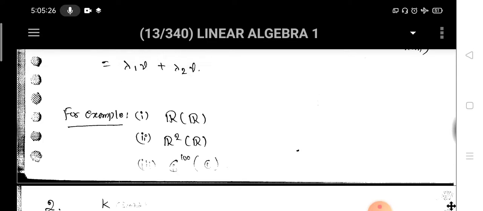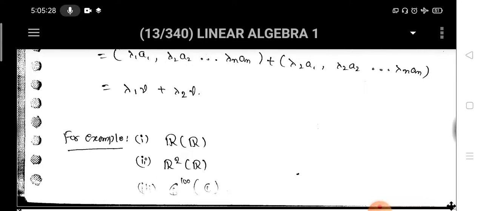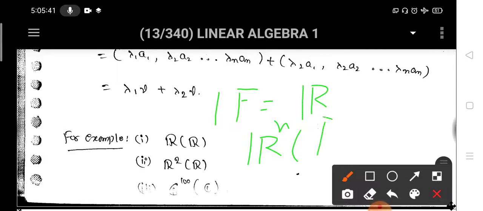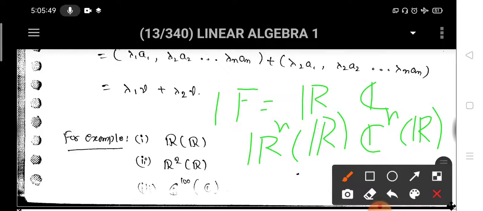From this very example we can construct any number of examples, because we can change the field. If we take the field equal to R, then R raised to power n over R is a vector space. If we take F as C, then C raised to power n over C is a vector space, and we can take n as anything.